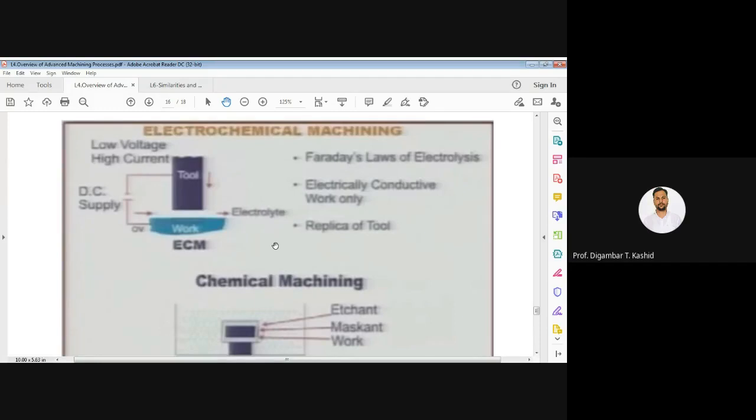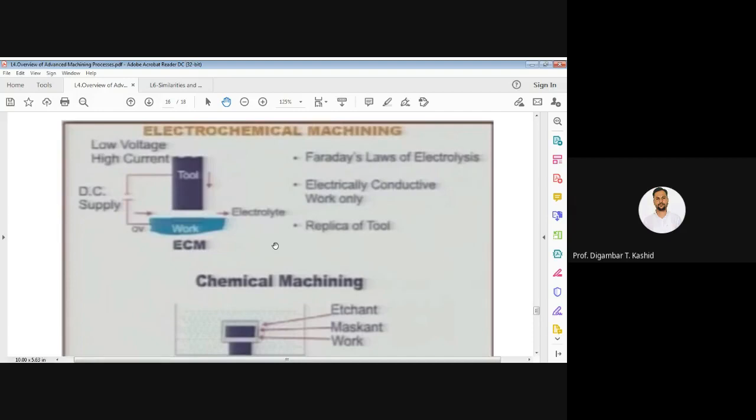It is similar to electroplating: removal of material from one surface and depositing it on another surface.